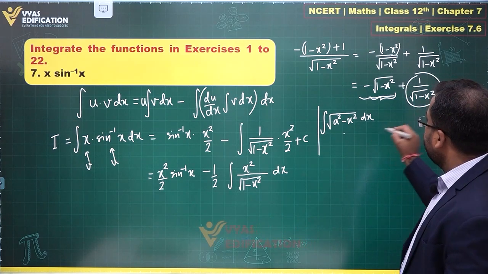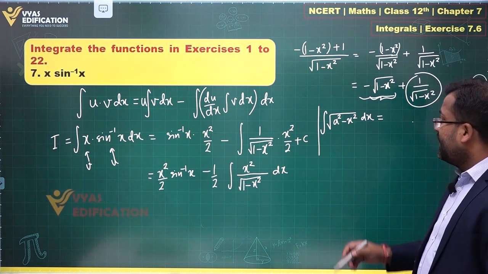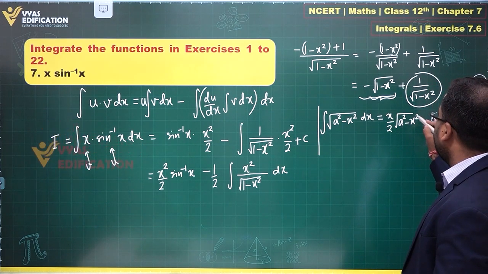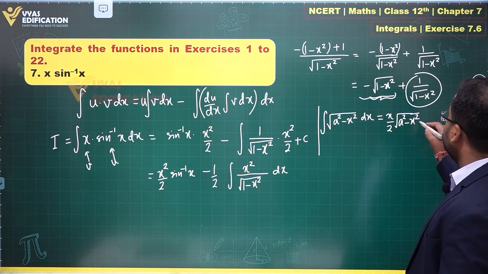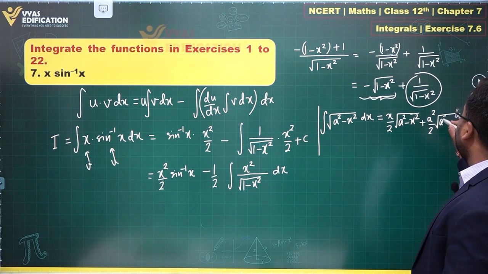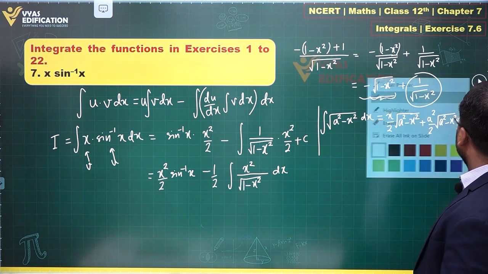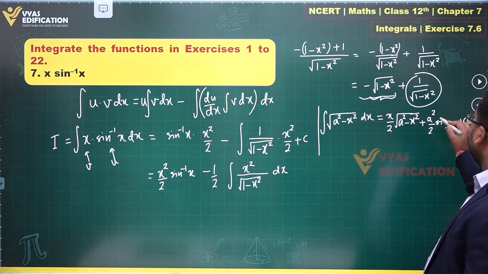For that, let's continue further, and the formula of this, what will this be? This is x by 2 under root of a square minus x square. Mind you, I'm directly giving the formula here, which will be covered in the next exercise. This minus a square, plus a square by 2 under root of a square minus x square plus constant is what you'll need. This is not this, this is sine inverse x over here.